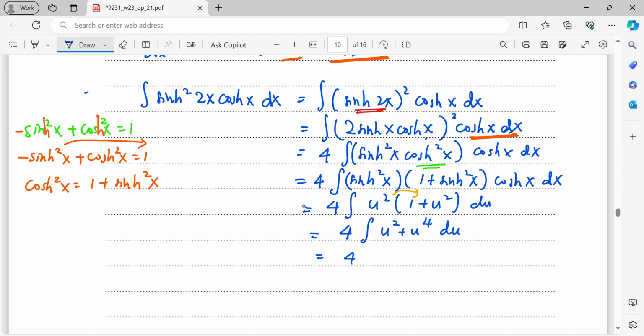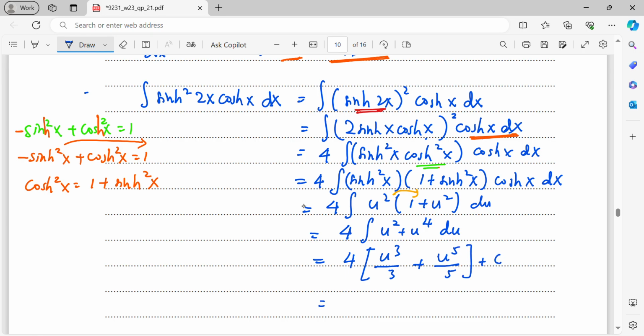And now here I will be getting u cubed over 3, and then the u to the degree 4 becomes u to the degree 5 over 5, followed by plus c.